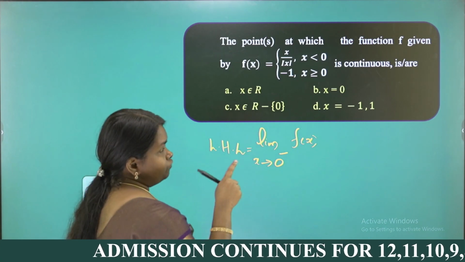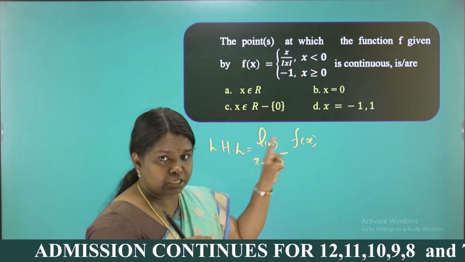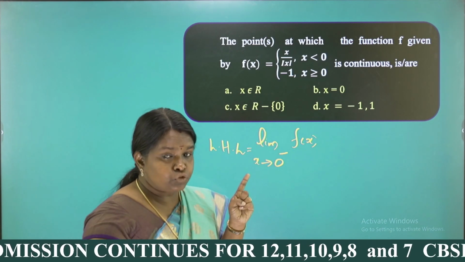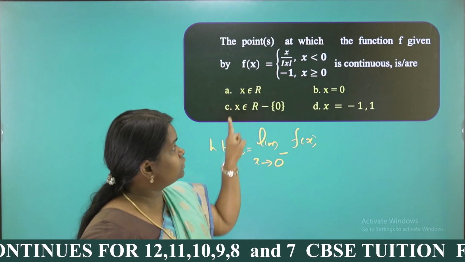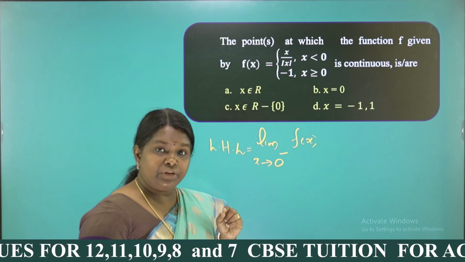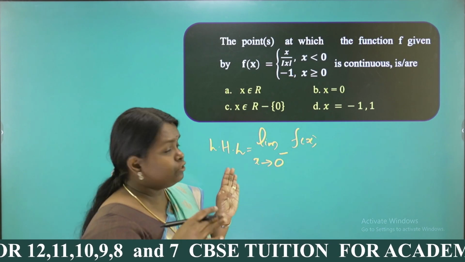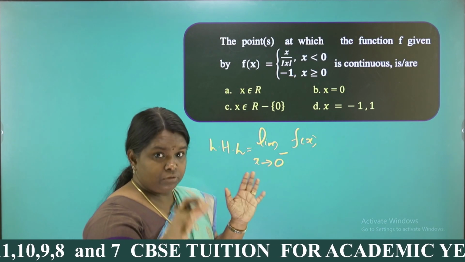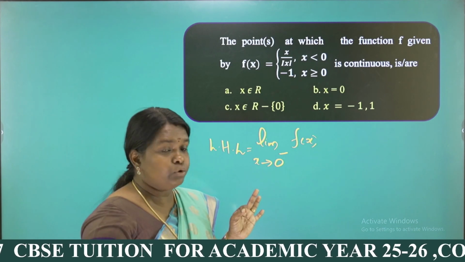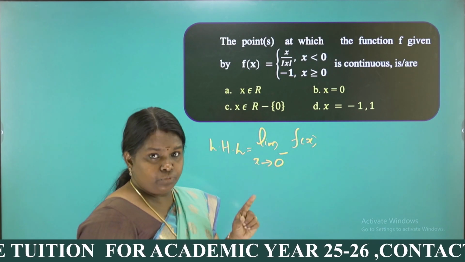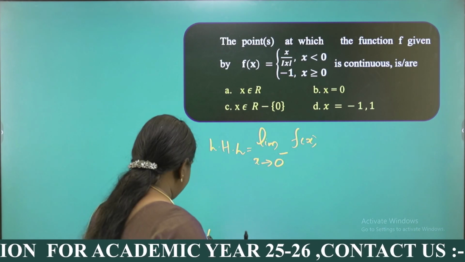The indicated point here is 0. But I am asked to find whether it is continuous at all points, because option A is x belonging to R, every real value, or only at x equal to 0. I have to check like that. Anyway, I am first doing it for x equal to 0. After that, we will see what is happening to other points.